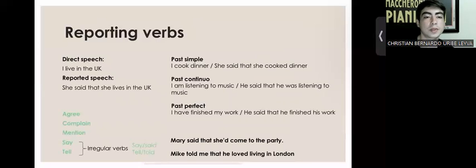Reporting verbs. In direct speech, an example is: I live in the UK. In reported speech: she said that she lives in the UK. In past simple: I cooked dinner, and in reported speech: she said that she cooked dinner.